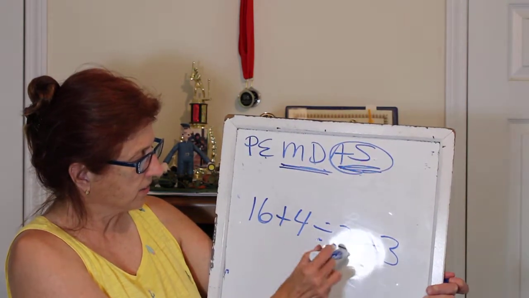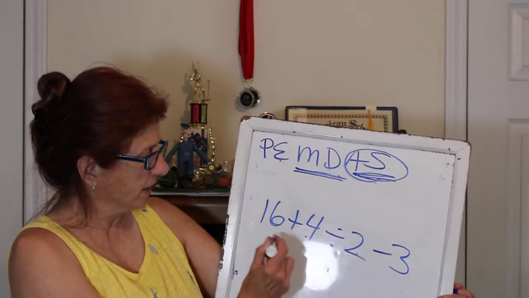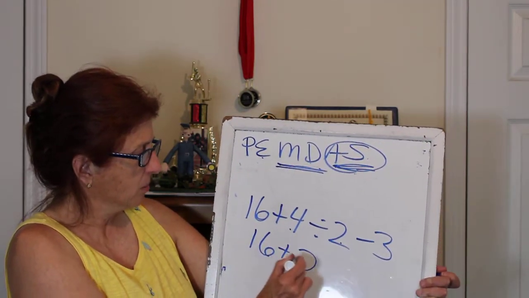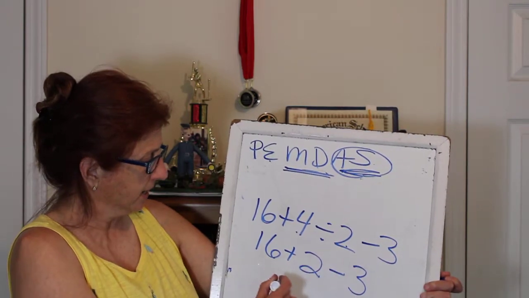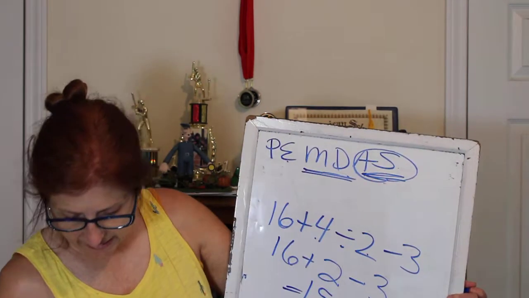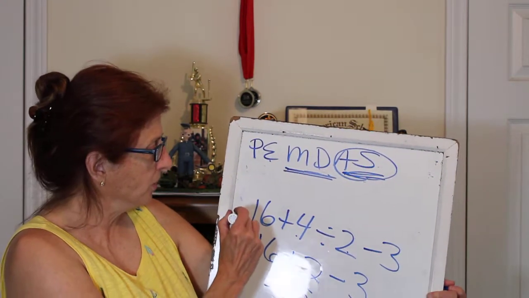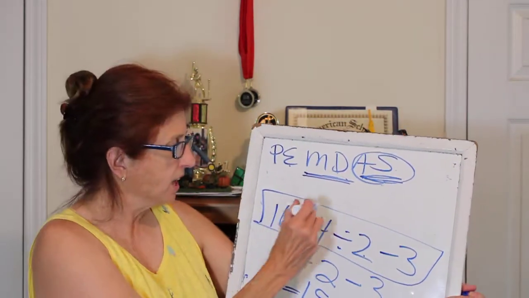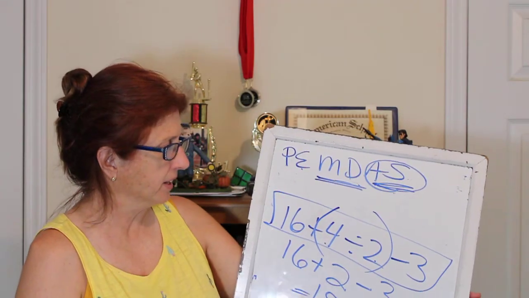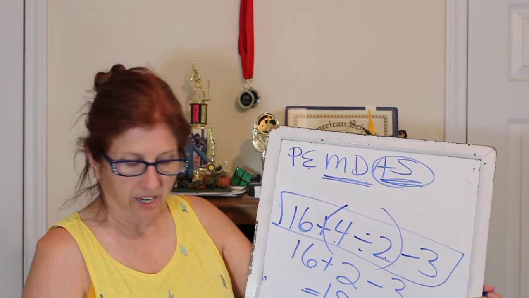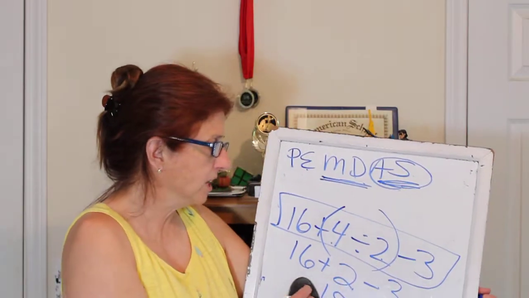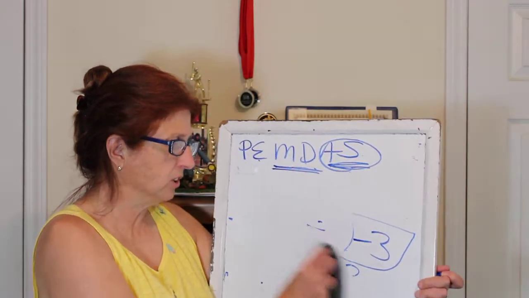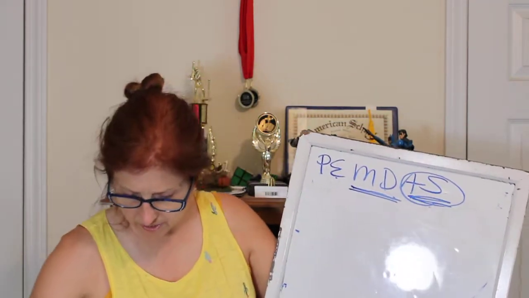And right here's our dividing. 4 divided by 2 is 2, so it's 16 plus 2 minus 3, which equals 15. Now, you will never see this problem except in order of operations. Otherwise, it would be given with parentheses, that grouping symbol, so you would have clues to show you what to do.